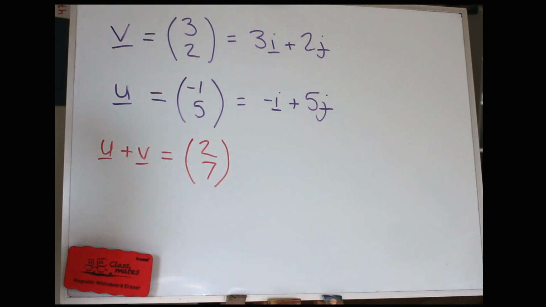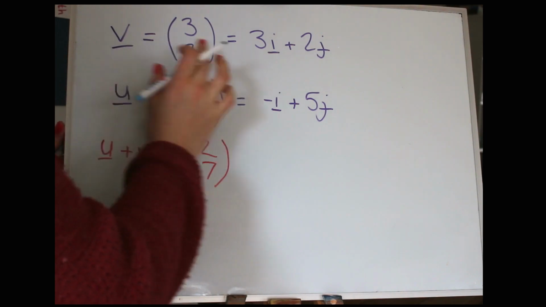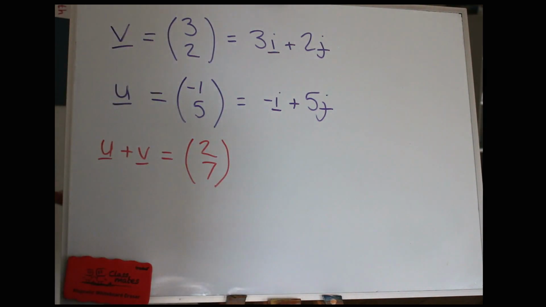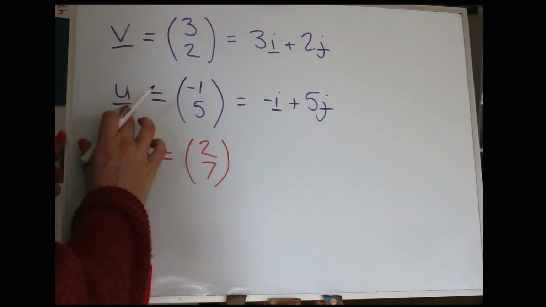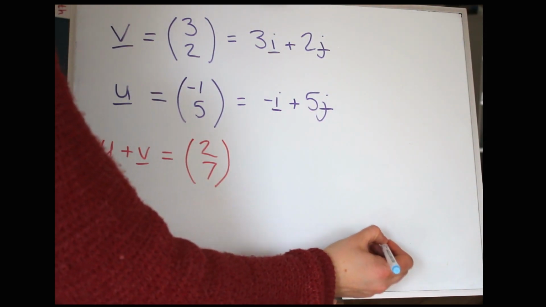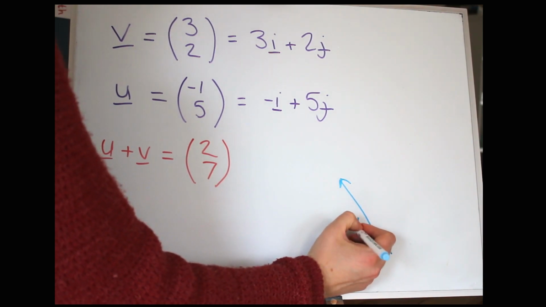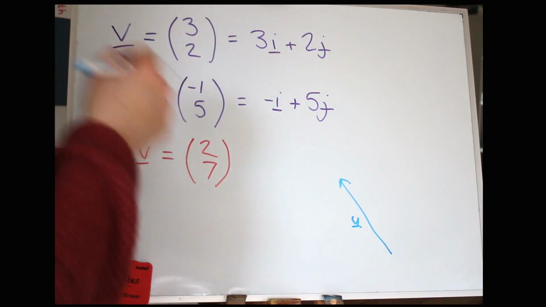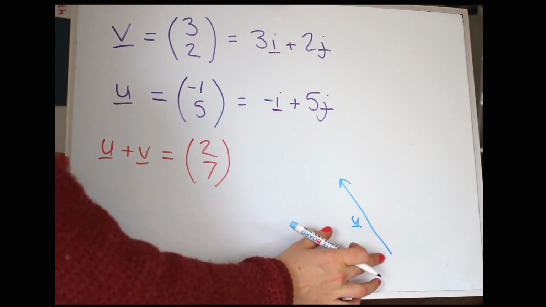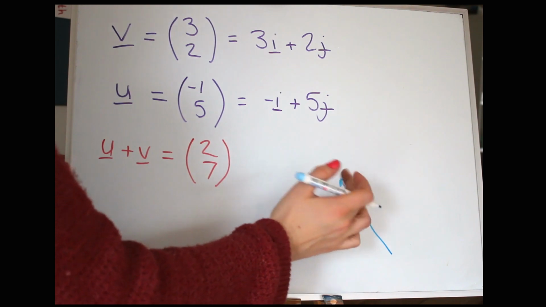And just showing you what that looks like represented with the arrows again. Just drawing a sketch of u plus v, we'll start with u. U is 1 to the left and 5 up, so that was something like that. Just a sketch, not brilliantly drawn, but you get the idea. And when we add vectors together, u plus v, the next one will go on along from the end of there.